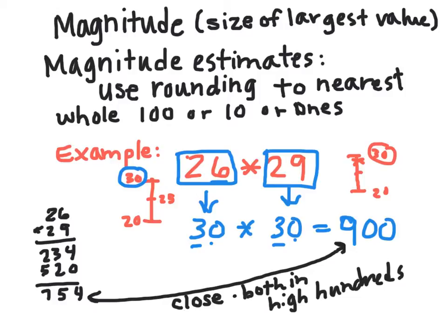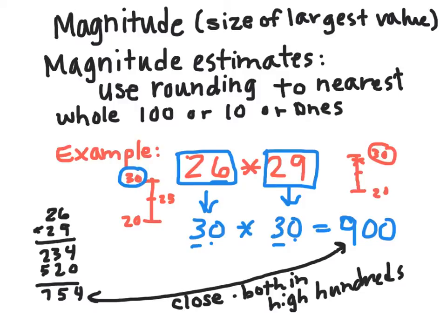So we're going to use a word, magnitude, when we're talking about magnitude estimates. And magnitude is really the size of that largest part, the largest value that you're working with.